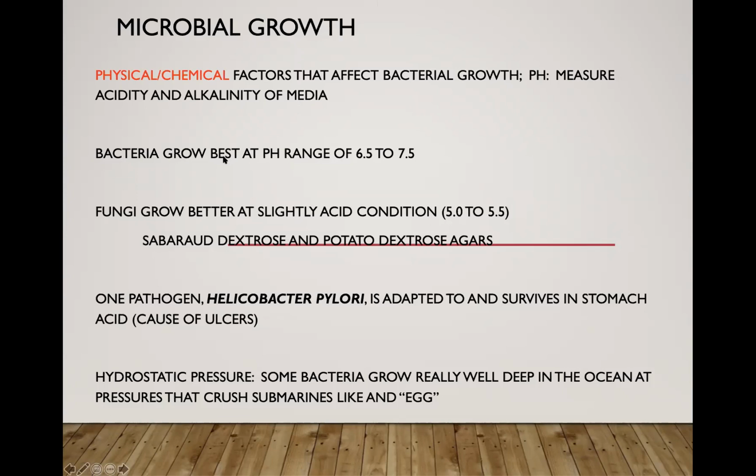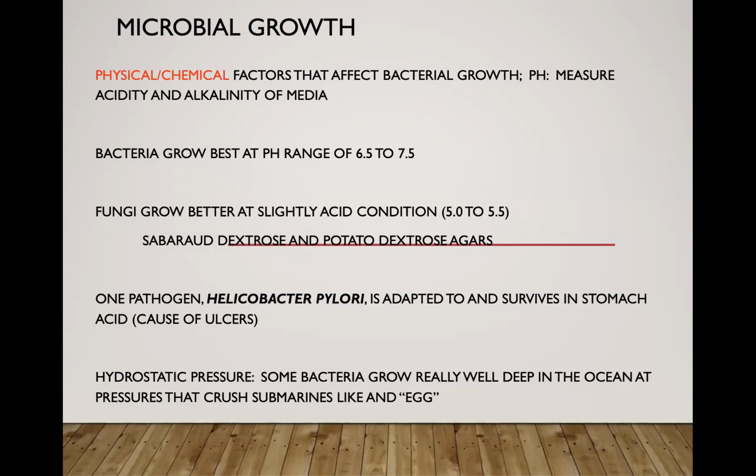Fungi, for example, is another microorganism that prefers to grow in slightly acidic conditions, so a pH from about 5 to 5.5. I don't know if you remember, but you learned about the pH scale in your Biology 103 class, right? The pH scale is a measure of how acidic a solution is, and it ranges from 0 to 14.